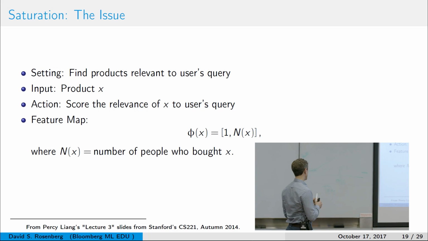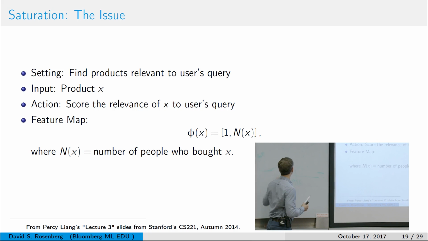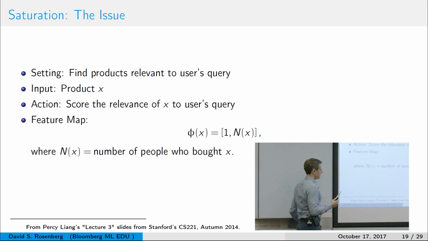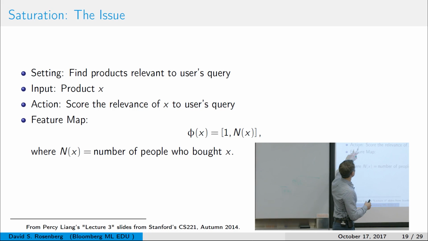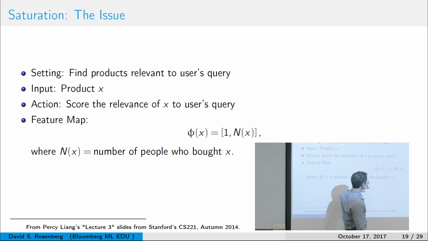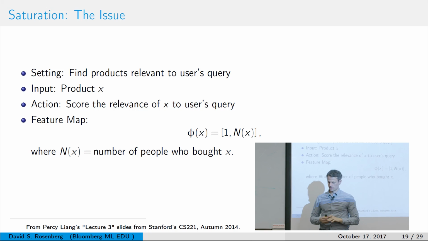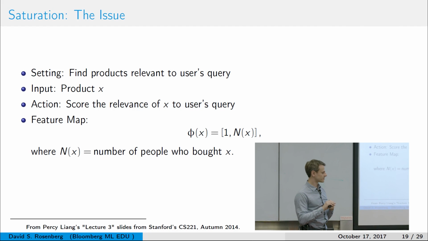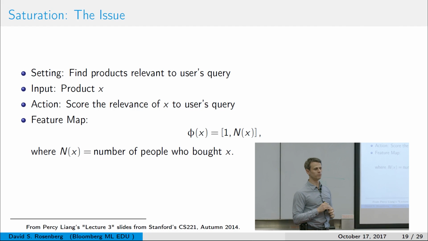So if this were a linear model, the only kind of dependence we can have on nx is linear. And what that would imply is that our relevance score for a product X, when we look at two products, suppose one has 10 people who bought it.